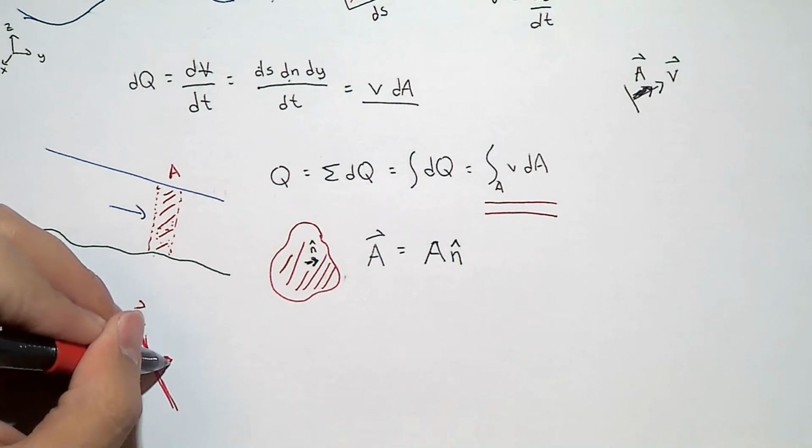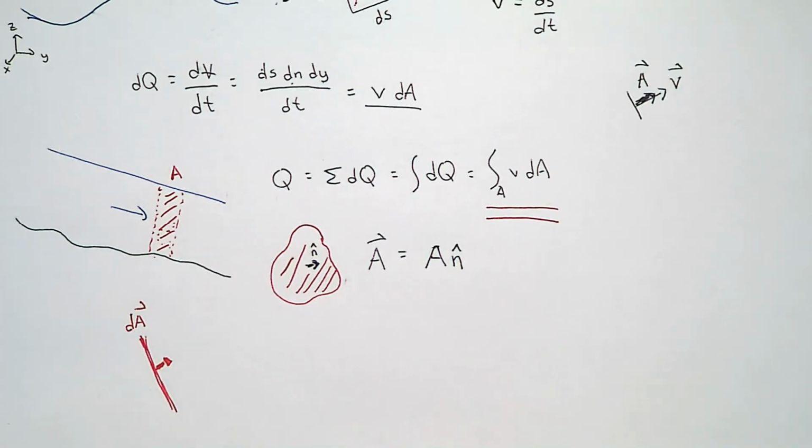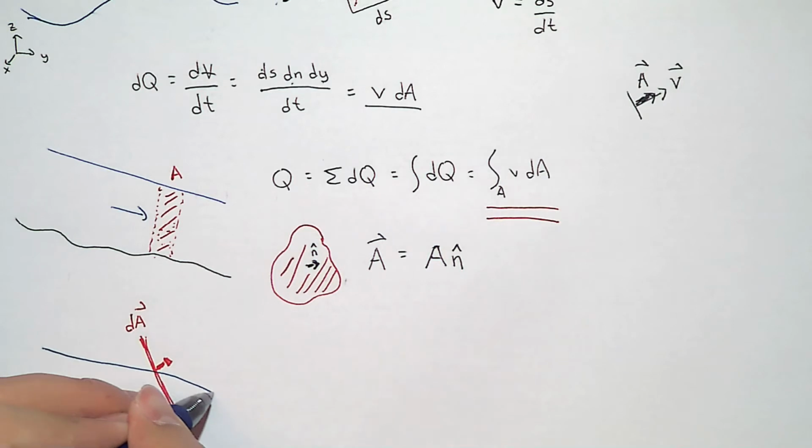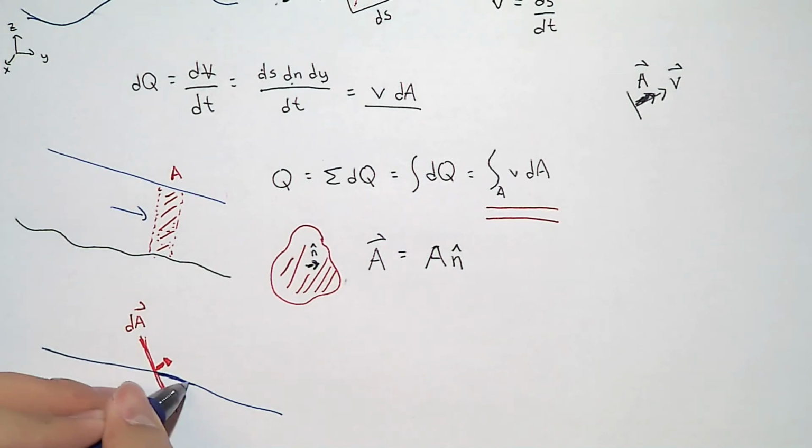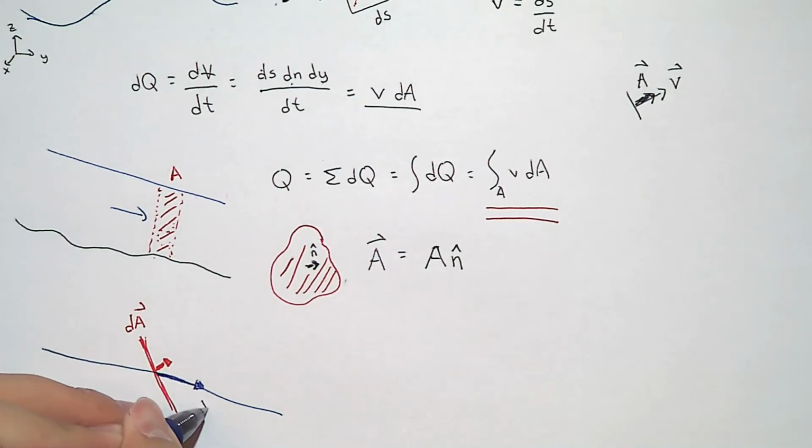Okay? But instead of my streamline traveling normal to this area, I'm going to say that my streamline actually travels in this direction. So I'm studying an area that's inclined, basically. I'll draw my velocity vector pointing along the direction of the streamline.